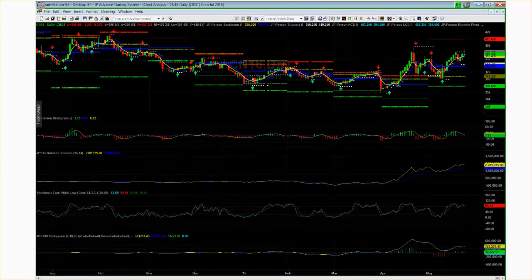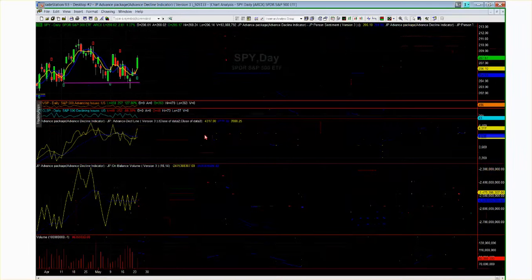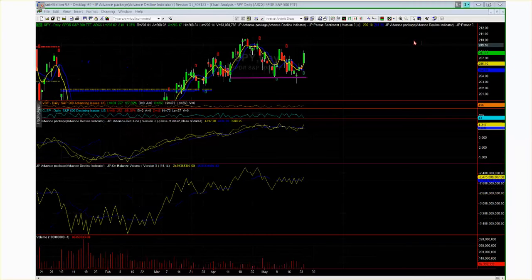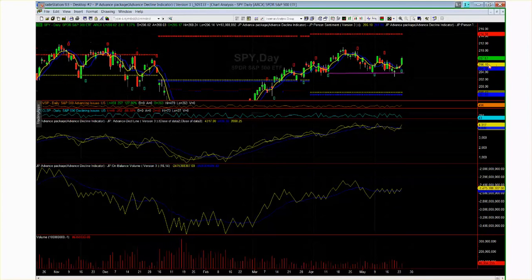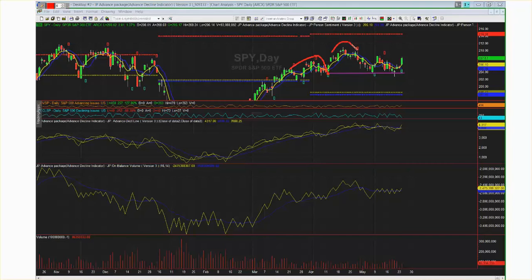So let me go over and talk about the head and shoulders pattern real quick with you guys. Let's revisit what this thing looks like, because while that may have been a head and potential shoulder, let me give you a little life lesson about old school stuff. When I say old school, I'm talking about when I first got in the business in 1977.